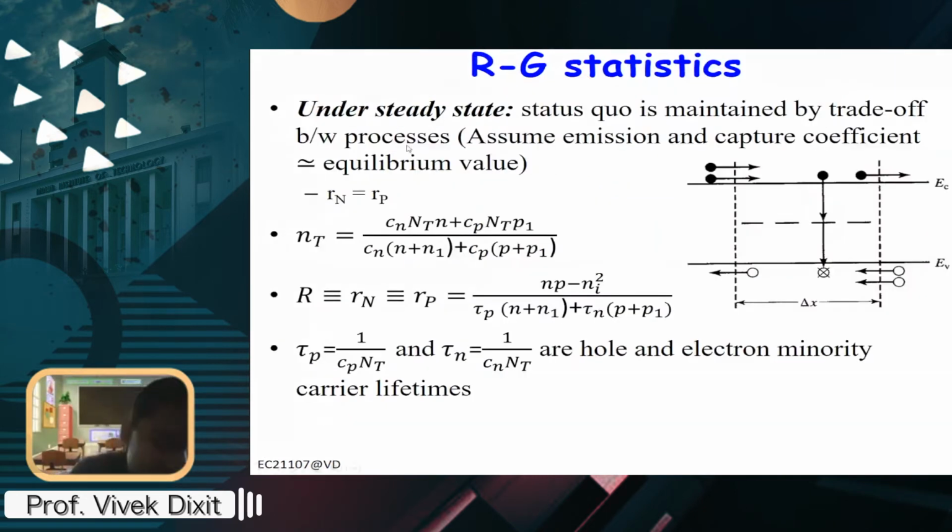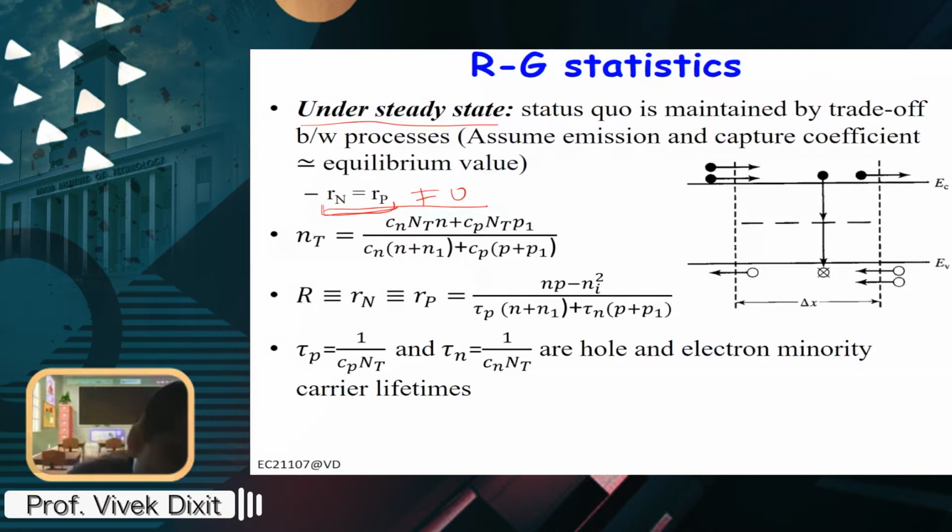Okay. So in steady state, they are not individually zero. They are equal, so that recombination of electron and hole, they are equal, right? But they are not necessarily individually zero. That is a steady state, right?